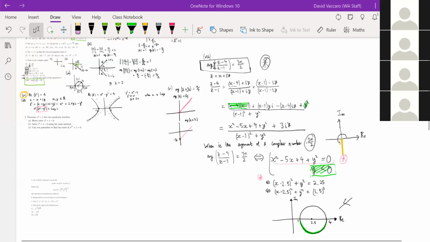And think geometrically about when that argument will be 270 degrees. You might want to stare at the fact that we obtained a semicircle to try and get a picture of what's going on.